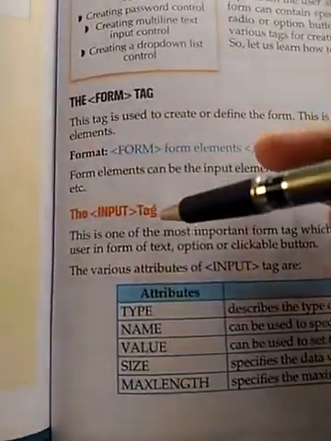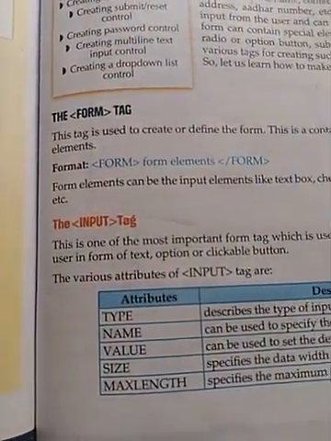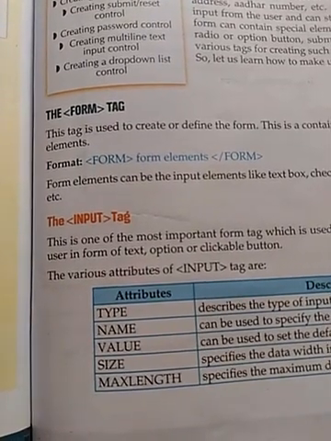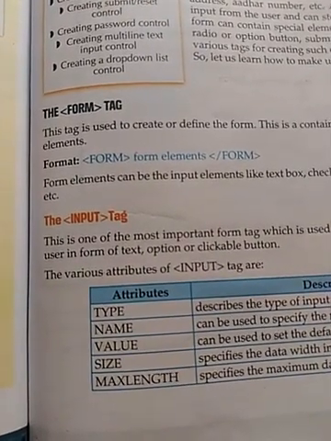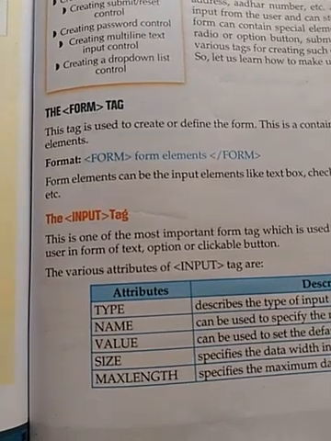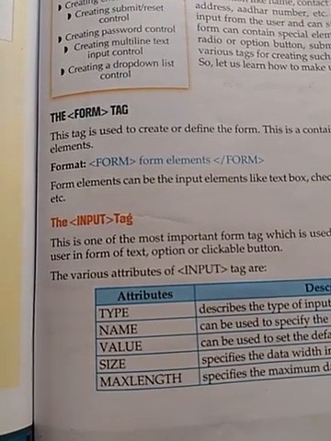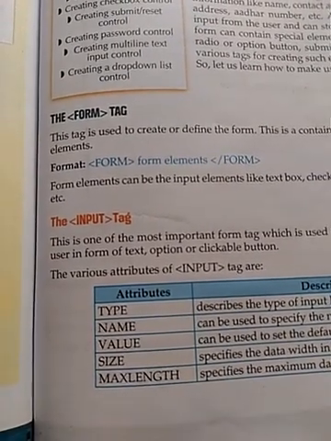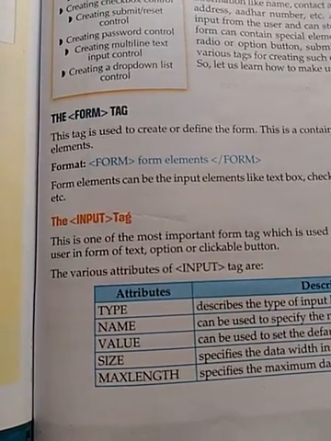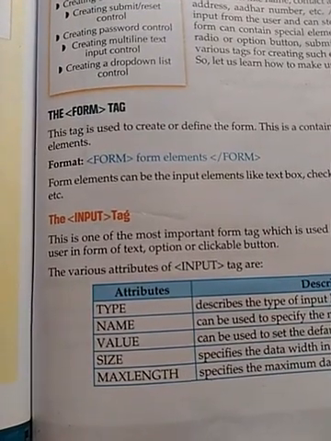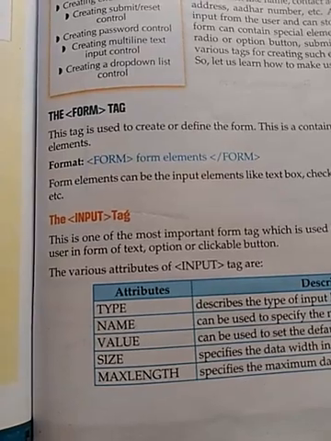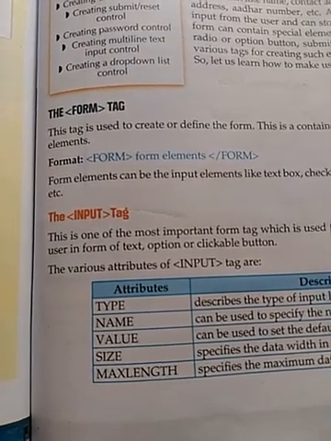Now the input tag. This is one of the most important tags which you use to create a form. Basically, the input tag is used to get the information from the user in the form of text, or we can say any alphanumeric or any character which is entered by the user.